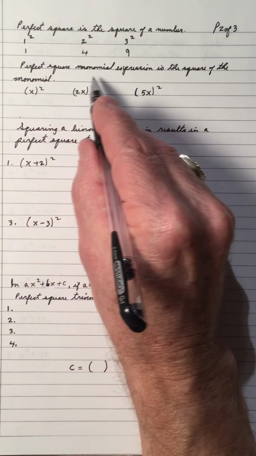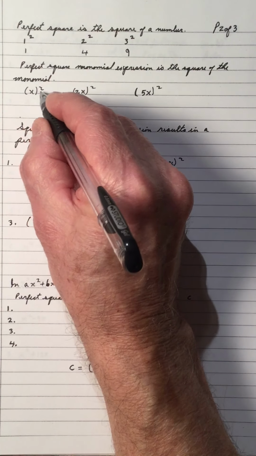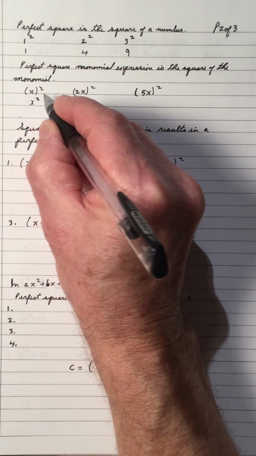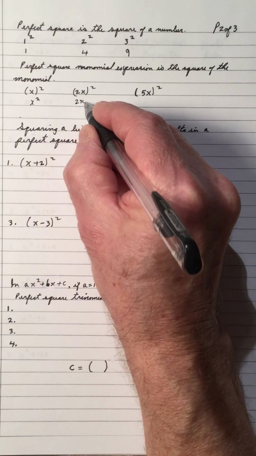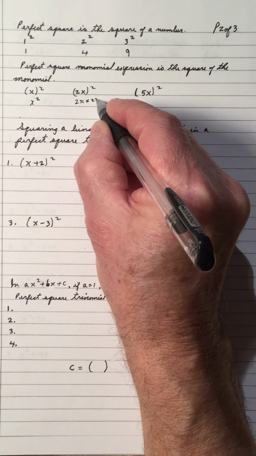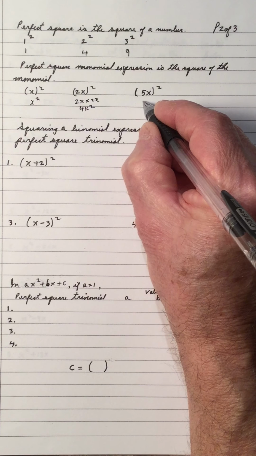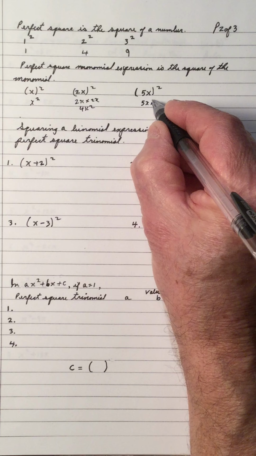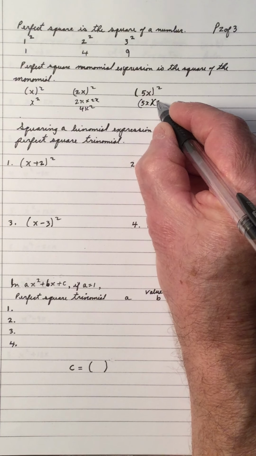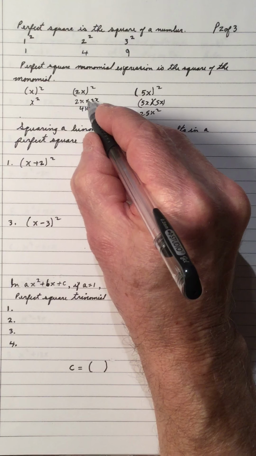The perfect square of a monomial expression is the square of the monomial. So x squared is x times x. 2x squared is 2x times 2x, which is 4x squared. And 5x all squared is 5x times 5x, which gives us 25x squared.